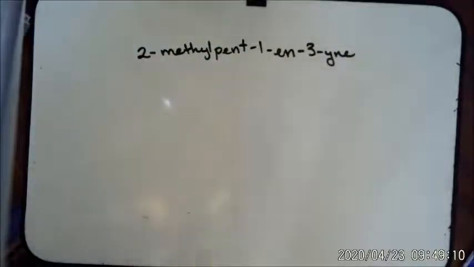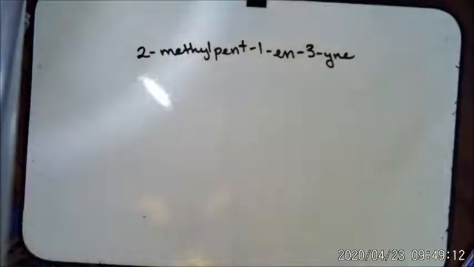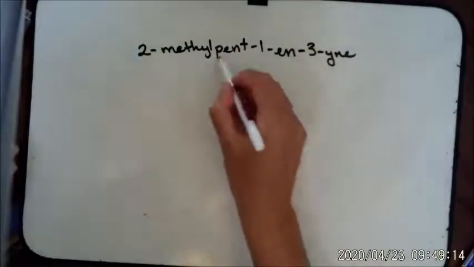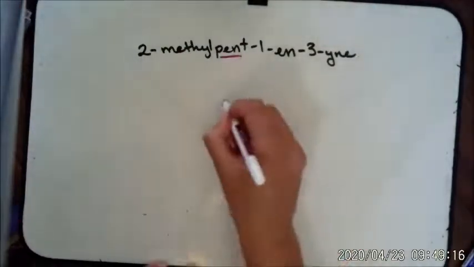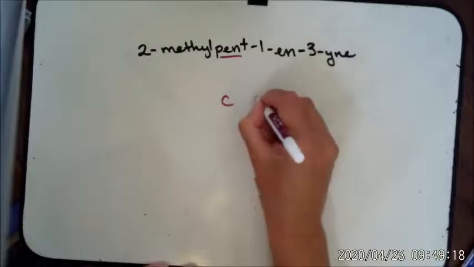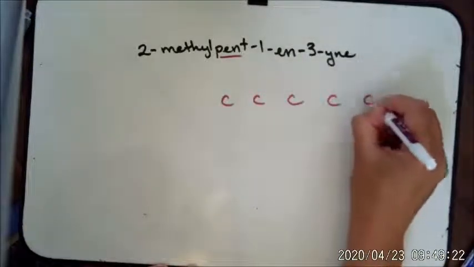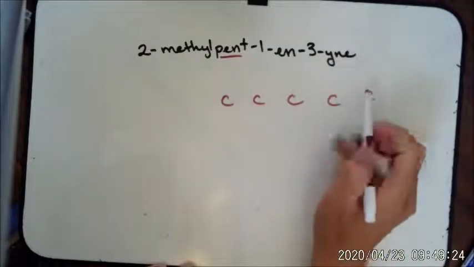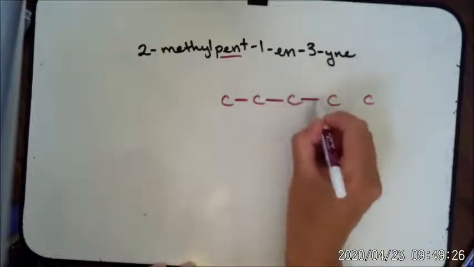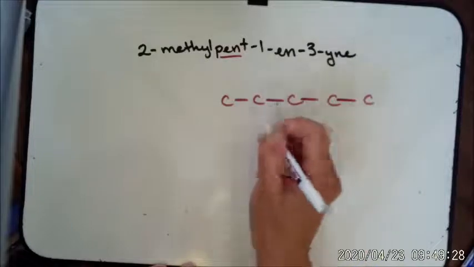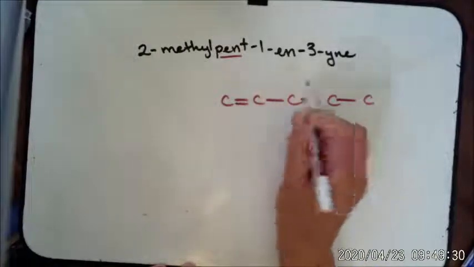You say, wait a second, how many carbons am I looking at? And we're looking at 5 carbons. So 1, 2, 3, 4, 5. Of those 5 carbons, that's my longest contiguous chain. At the 1 position, I have a double bond.